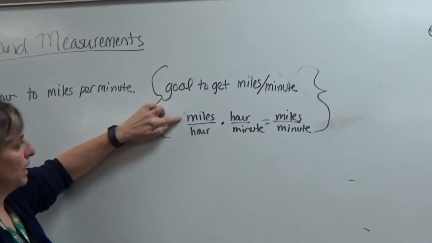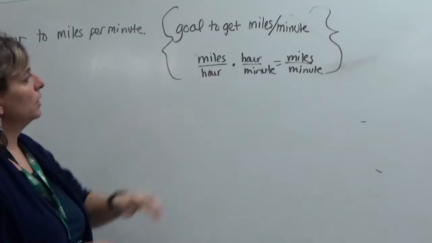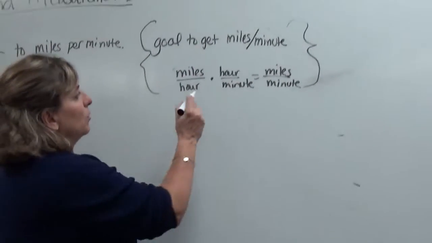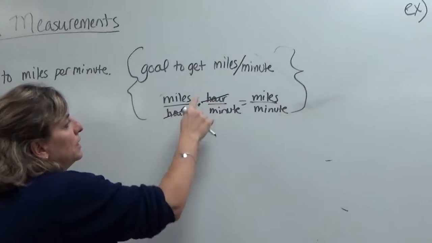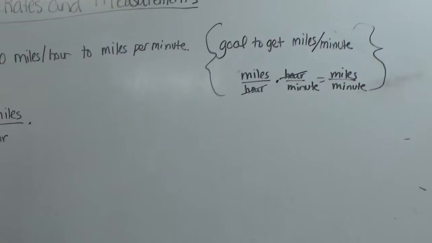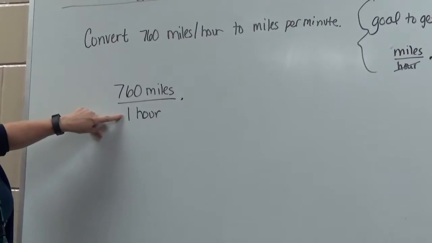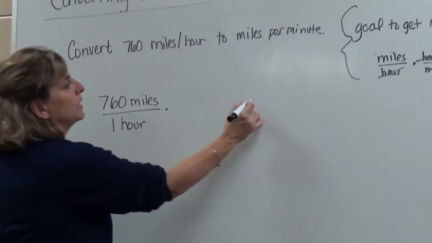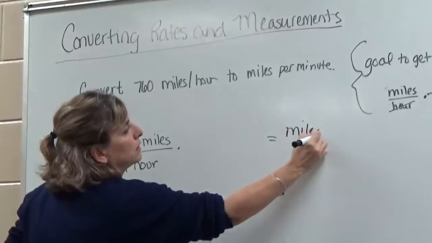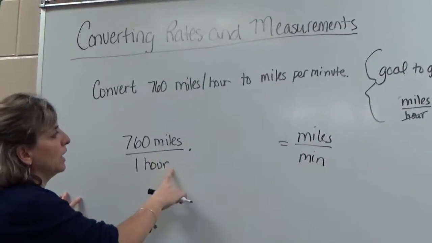If you put miles per hour and multiply that by hours per minute, you can cancel out the hours, and then you get miles per minute. So let's change that into our problem. If we have 760 miles per hour, and our goal is miles per minute, then we have to cancel out the hours.